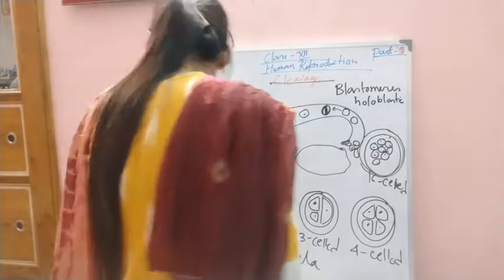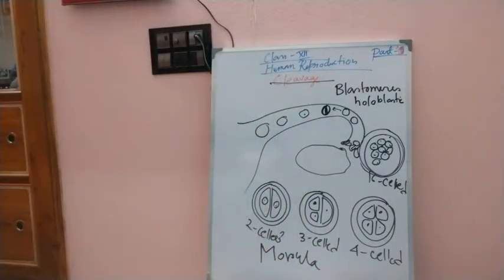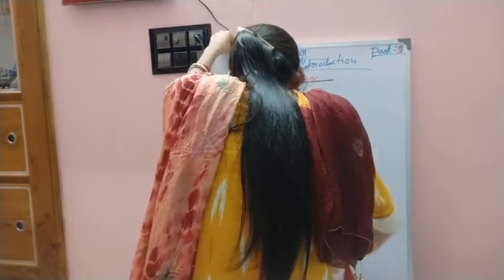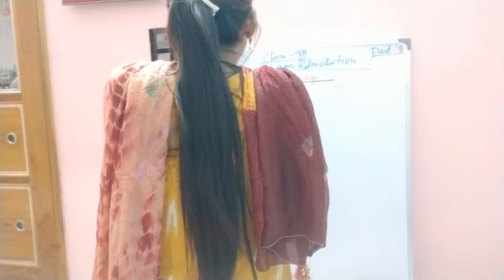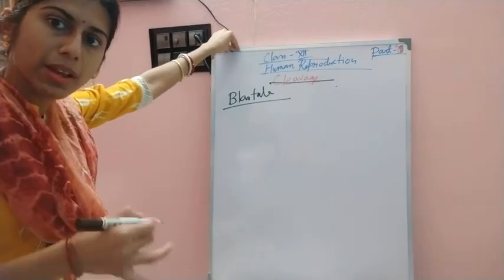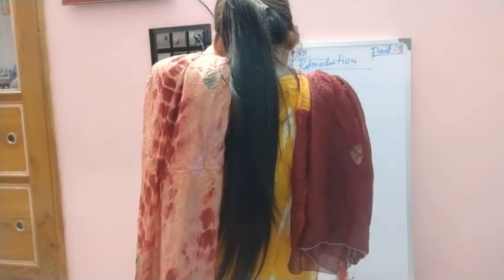So the next part is blastulation or blastula formation. From morula, the next stage will be called blastula. Next we will see blastulation. So how the development of the blastocyst will occur, I am drawing that diagram.